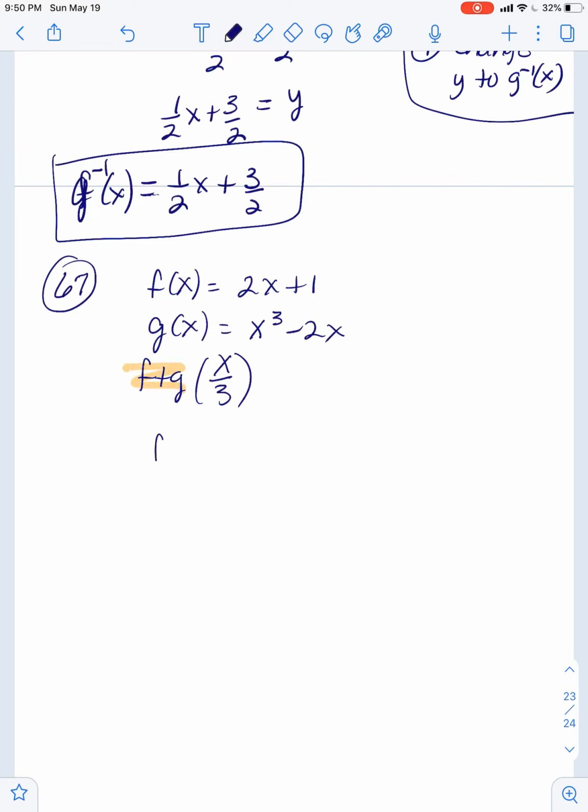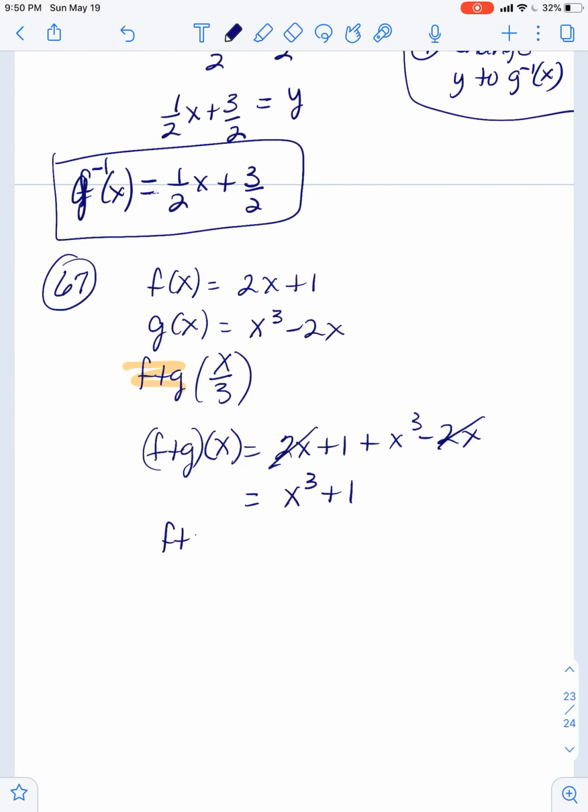So f plus g, and I just say of x because all I'm doing is just adding those two together. Okay? And I'm going to go ahead and put those in descending order. And okay, my x's here cancel because I got a plus 2 and a minus 2. So that makes that easier. Okay, so that is what f plus g is.